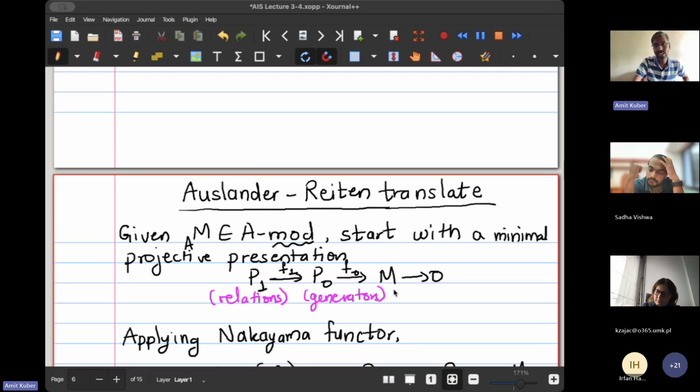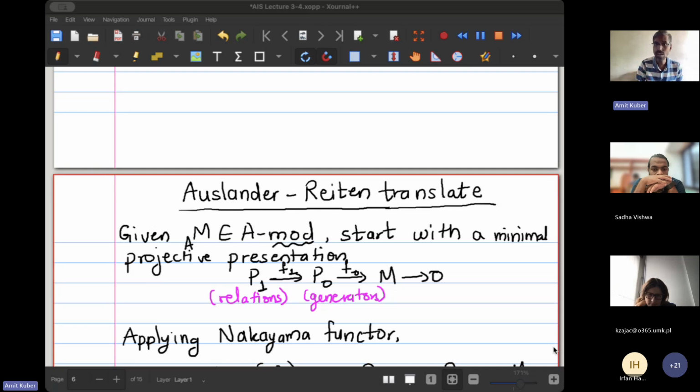We start with the module M, then R to the power n over here and R to the power m. The first one which maps onto it is the set of generators, the basis elements, and the set of relations is the second one. So similarly, we are simply truncating our minimal projective resolution at this second step. After P1, we don't take anything.